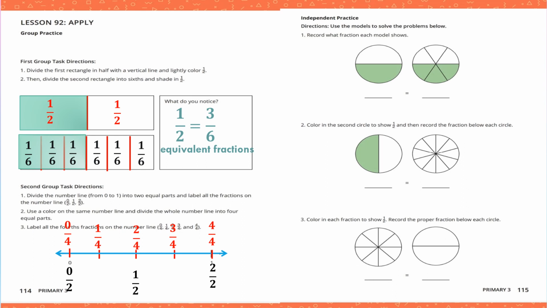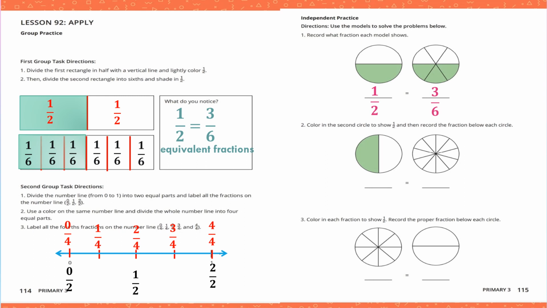So the fraction will be 1/2. The second shape, I have 3 colored parts and the total 6, 3/6. 1/2 equals 3/6. They are equivalent fractions. When we multiply 1 by 3 equals 3 and 2 by 3 equals 6.